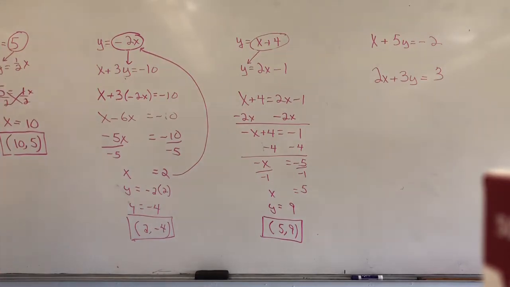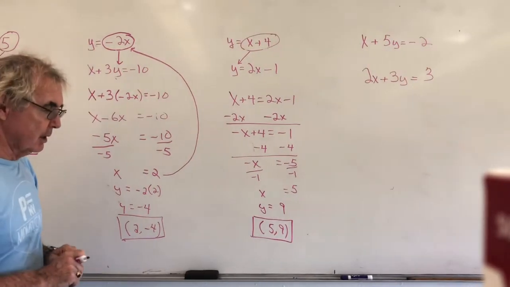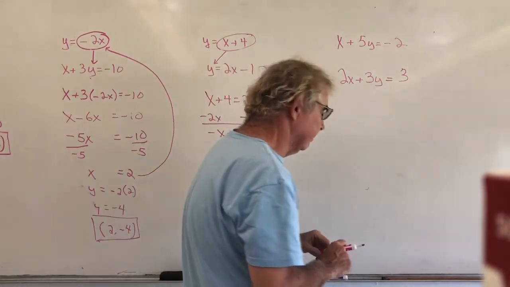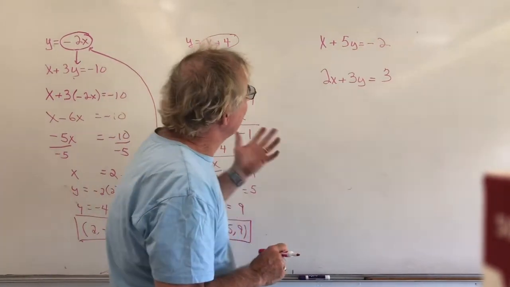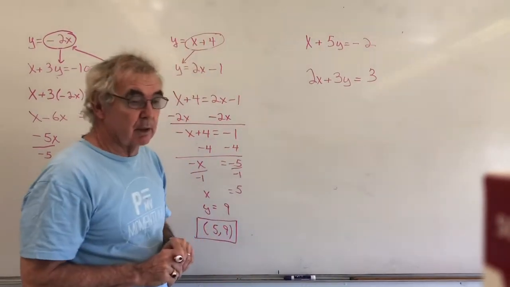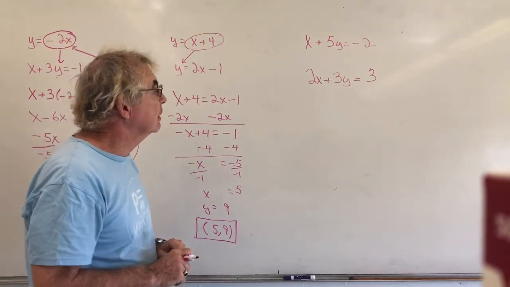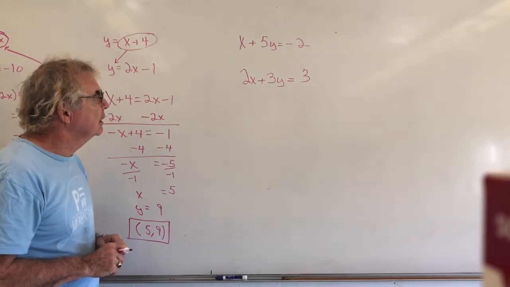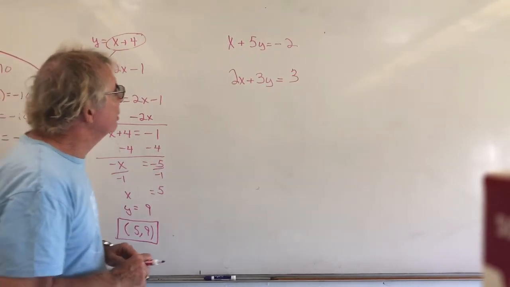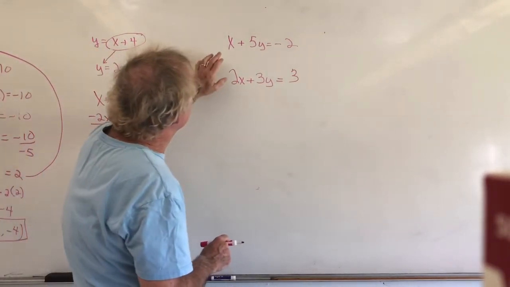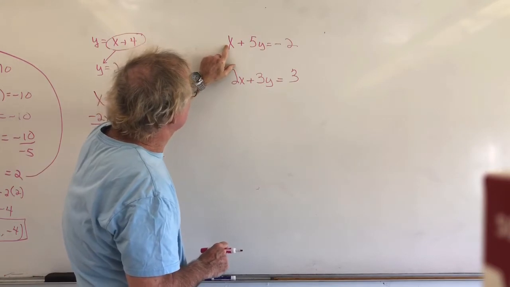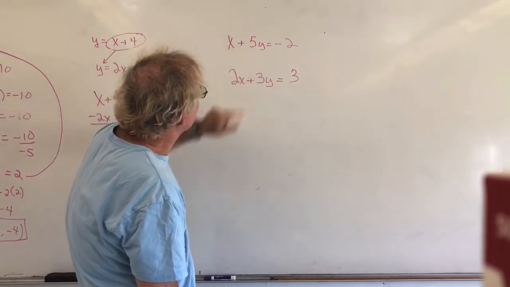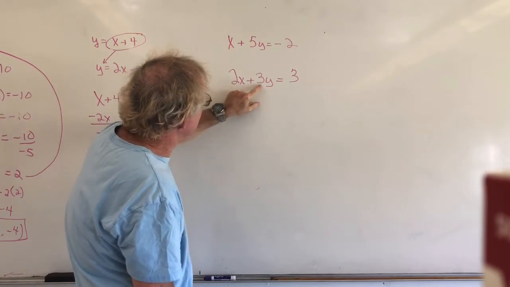Okay? And then our last example today. We will build on this in the future. But on this one, neither one is solved for. So you say, how do I do it? Well, suppose this is 1x, this is 5y, this is 2x, and this is 3y.